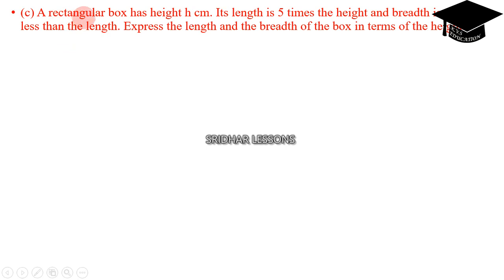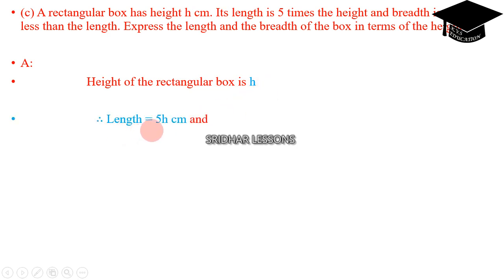Next question. A rectangular box has a height of h centimeters. Its length is 5 times the height and breadth is 10 centimeters less than the length. Express the length and breadth of the box in terms of the height. Height of the rectangular box is h, it is given.